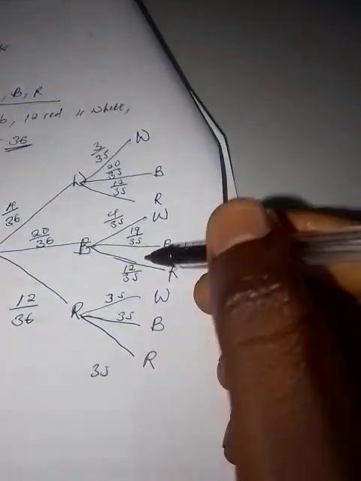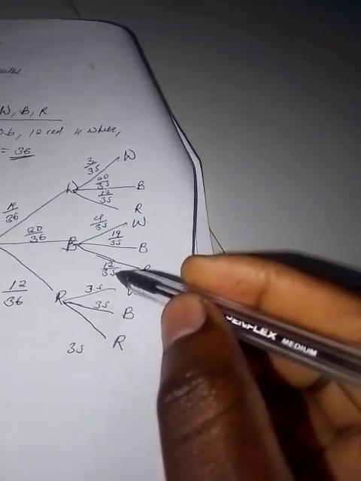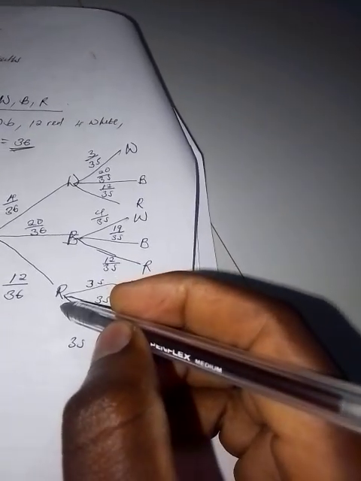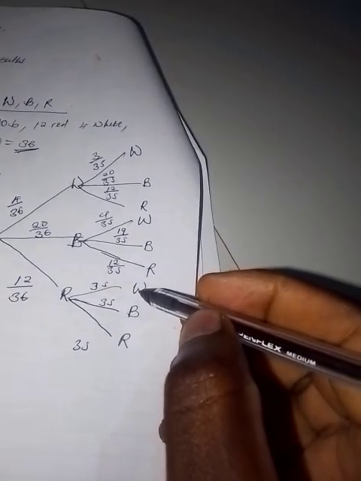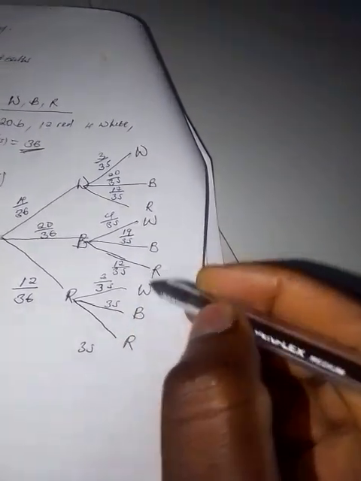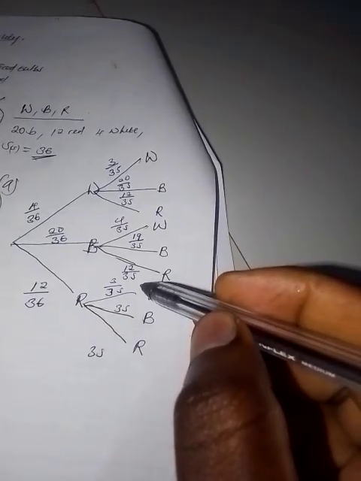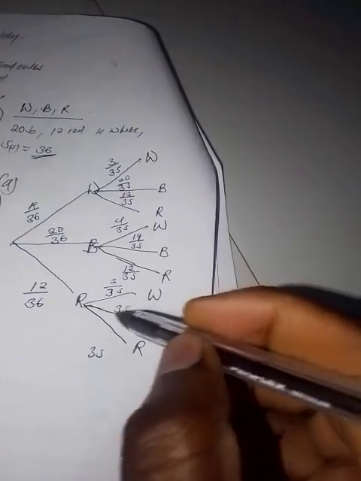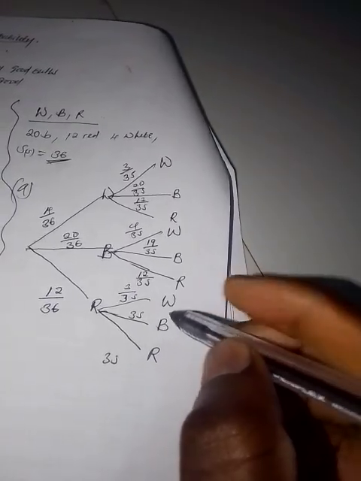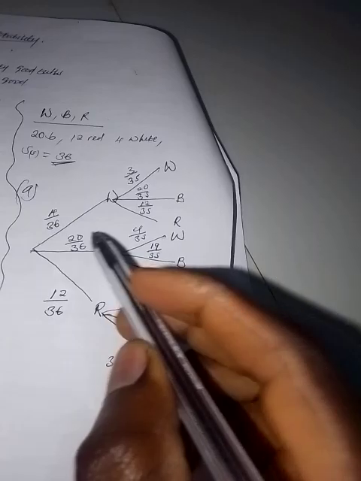Again we come down here. From the red ones, can we get the white ones? The answer is no. Now we are going to get 4 out of 35. Then from the red ones, can we get the black ones? The answer is no, we can't get. So we're going to get one for black ones.